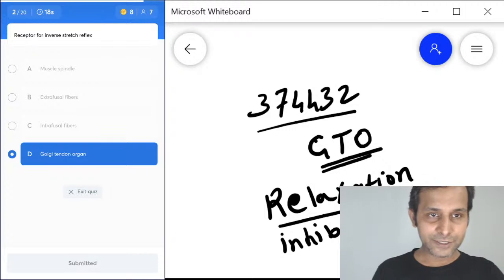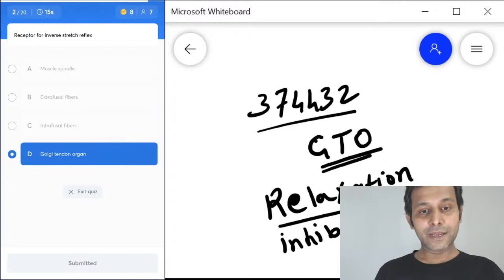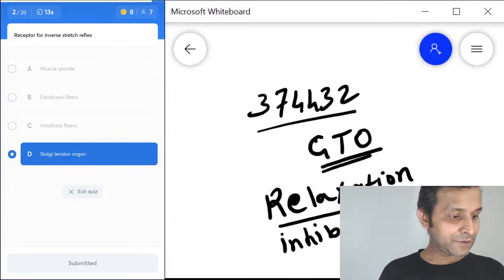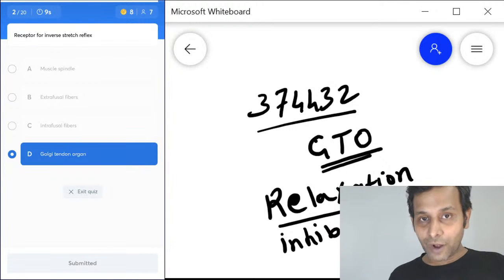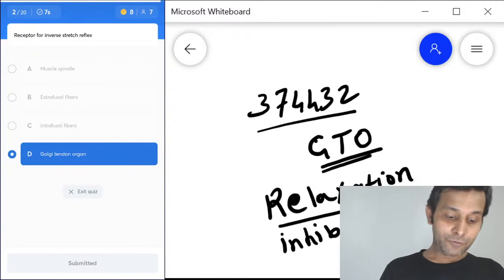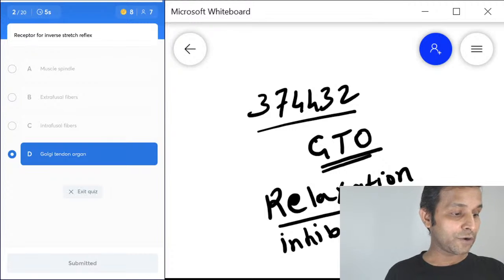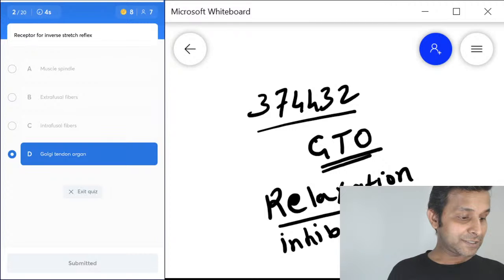There are two types of reflexes, a stretch reflex and an inverse stretch reflex. In the inverse stretch reflex, there is relaxation when there is too much stretch or too much stress or tension in a muscle.